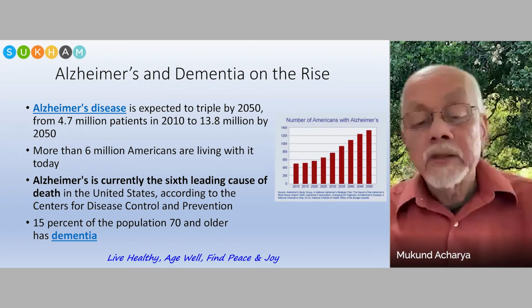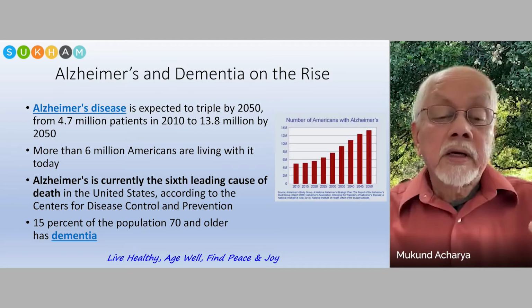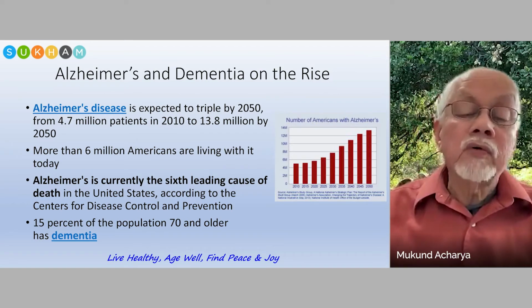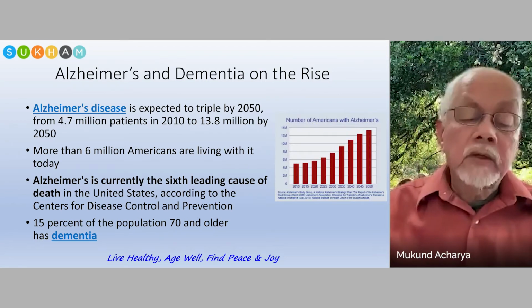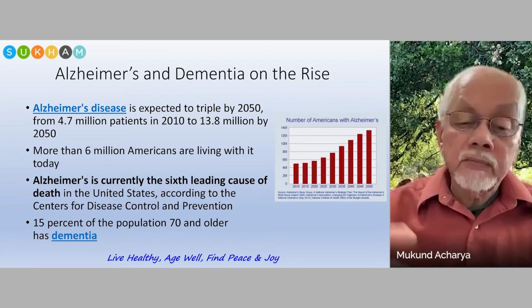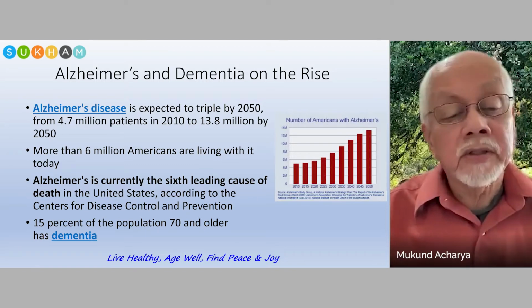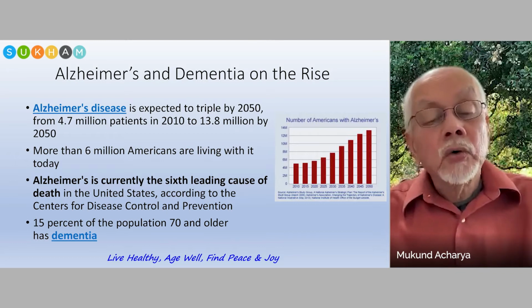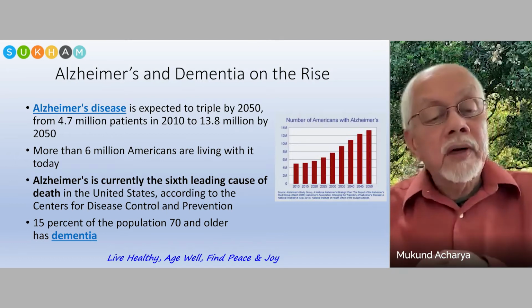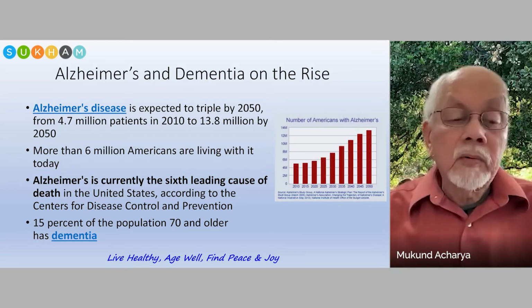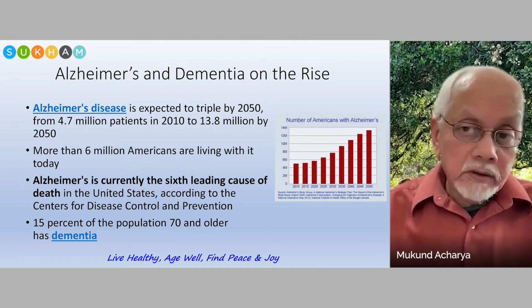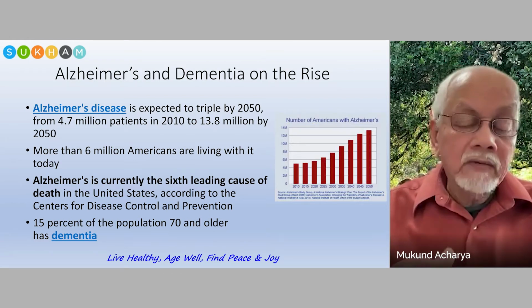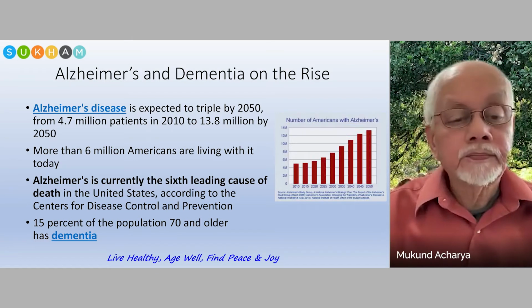And I've read some statistics that say that in the population that's over 90 years old, there's close to 50% chance of some level of dementia in patients. So the older you are, the more likely it is that you have some form of dementia in whatever level of seriousness that it has.